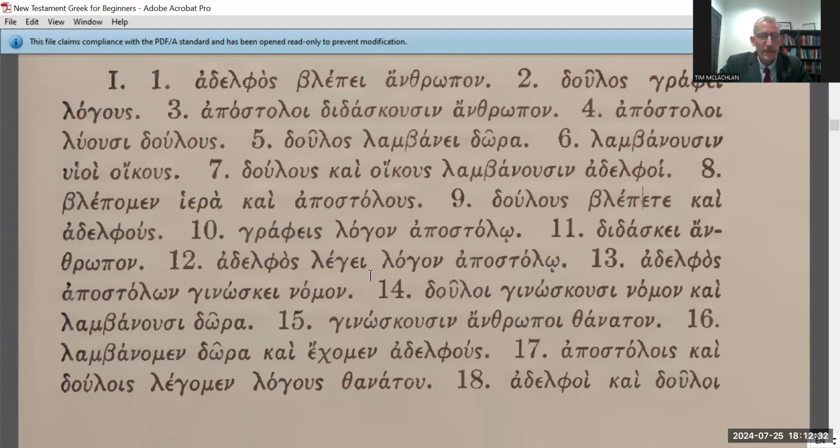You have the subject there, and what are you writing? You're writing a word, logon, or it could be a message. Logos usually just means a word. So you write a word, and here you have, again, the omega with the iota subscript. The word is apostolos.